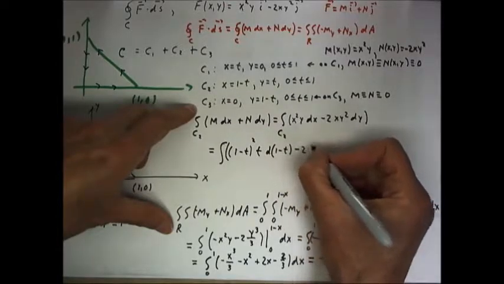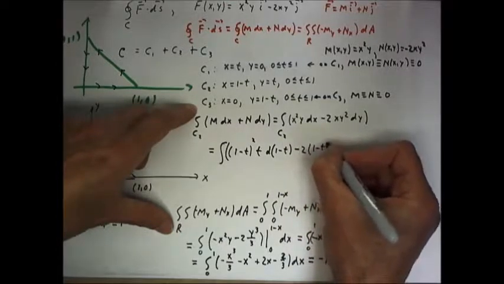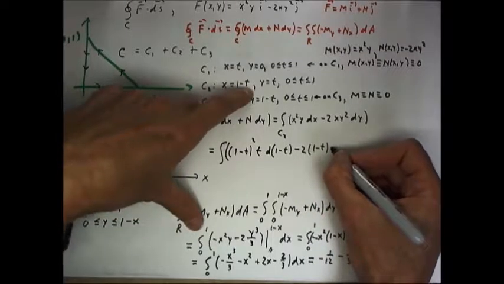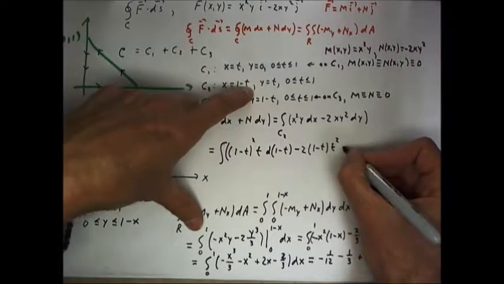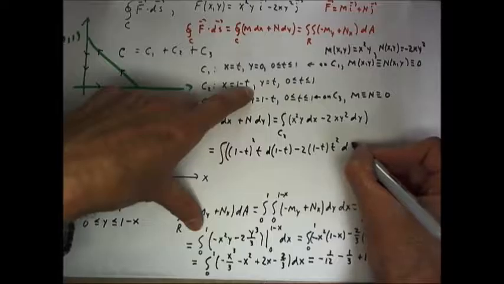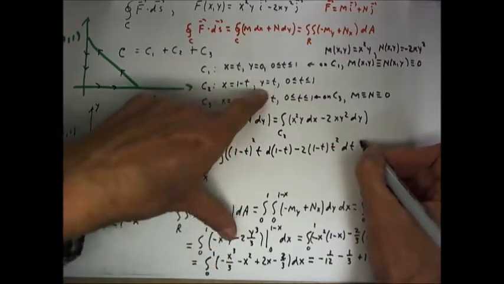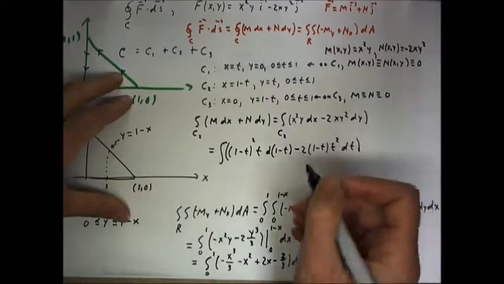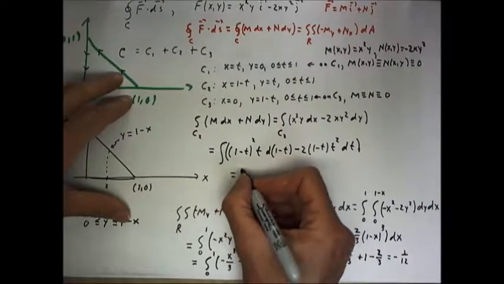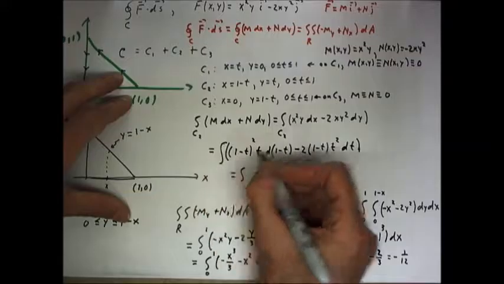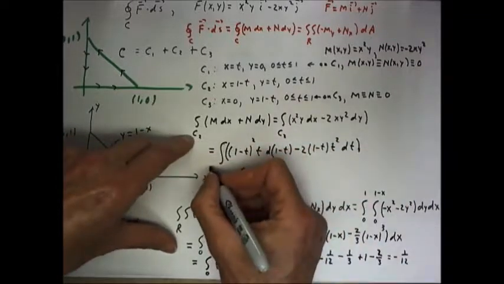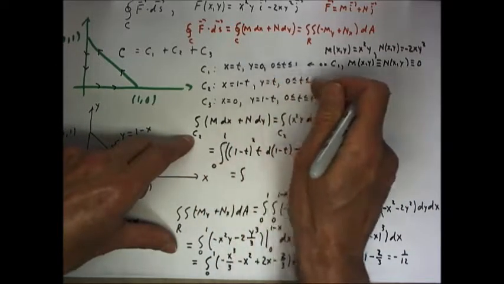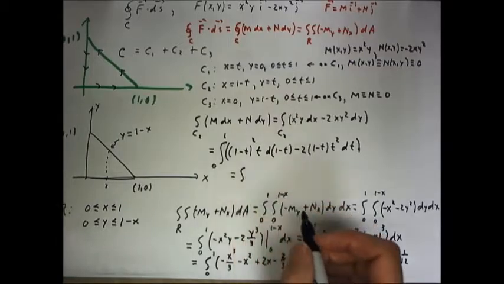Then we have minus 2 times 1 minus t times y squared, which is going to be t squared, times the differential of y. y is t, so dy is dt. And that integral goes from t equals 0 to t equals 1 because our parameterization goes from 0 to 1.